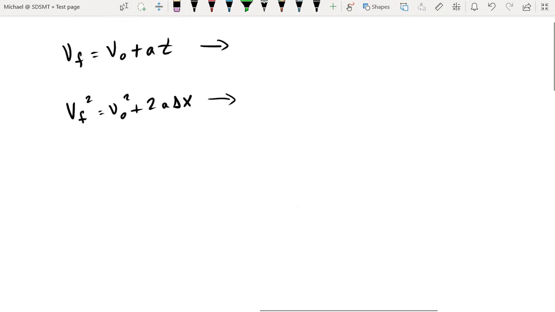All right. So I'm going to use the same two equations that we used before, except now I need to rearrange these for acceleration. The first equation, if I rearrange for acceleration, we have v final minus v initial, and then I will need to divide everything by time.